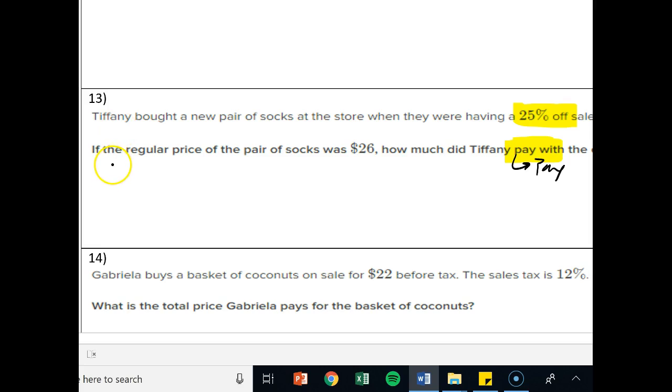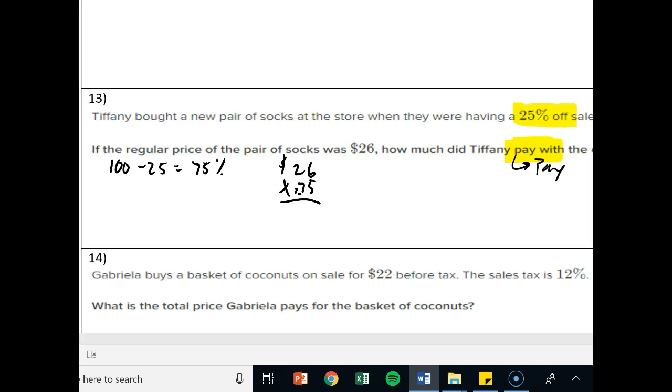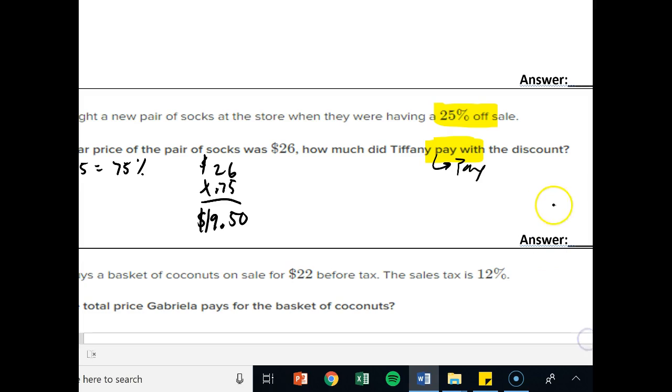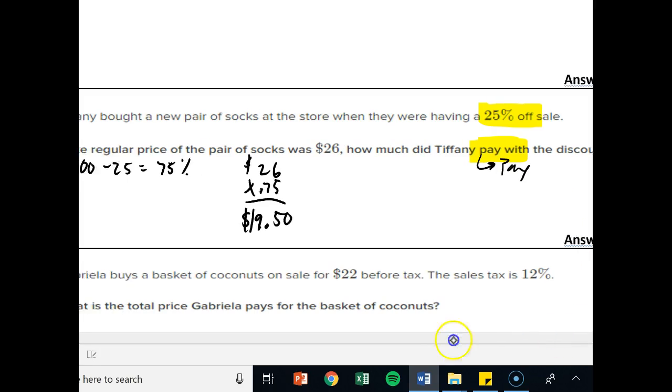So it was a discount, so that's 100 minus 25%, meaning we'll pay for 75% of the normal price, which was $26. So 26 times 0.75 gives us $19.50. So that's how much you paid for the socks. You can put your answer on the answer line over there.